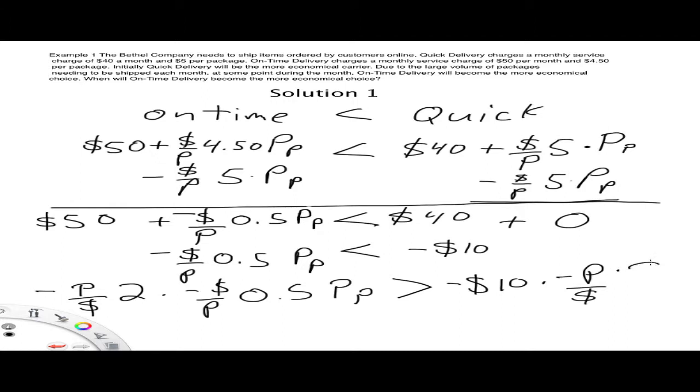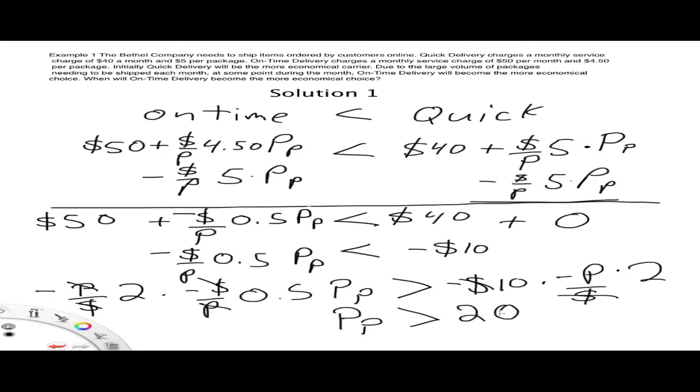Dollars will cancel out. Dollars cancels out. This package cancels out. Negative times a negative is a positive. I'm left with p packages is greater than 2 times 10 is 20, and a negative times a negative is a positive, and so I have 20 packages.